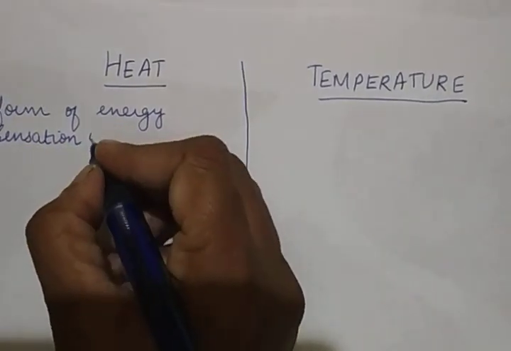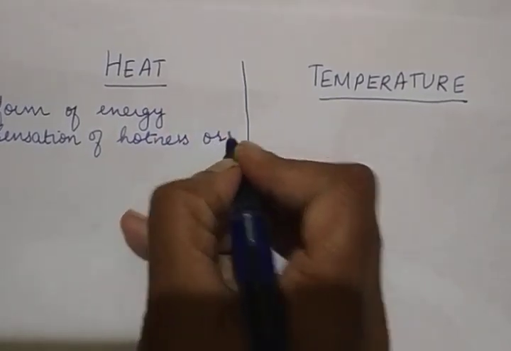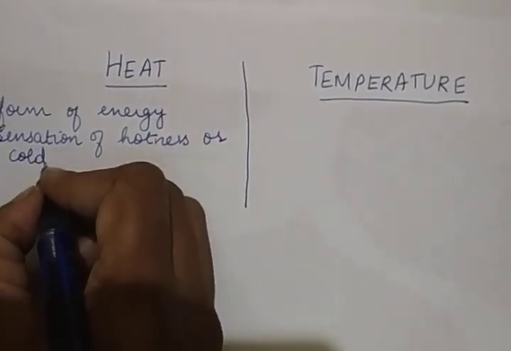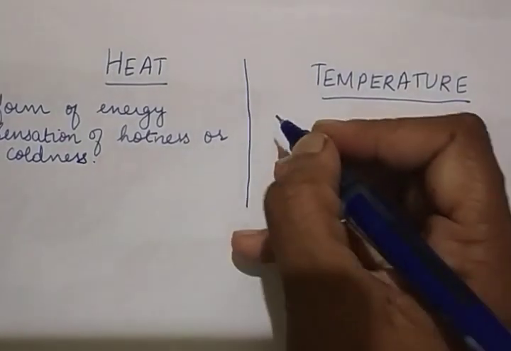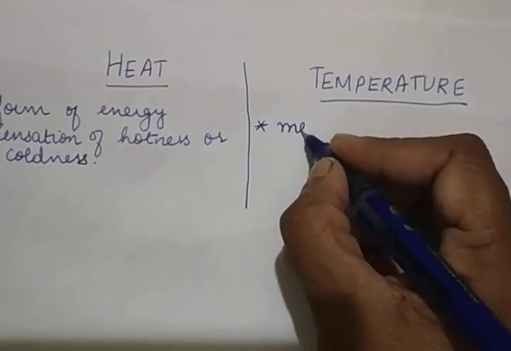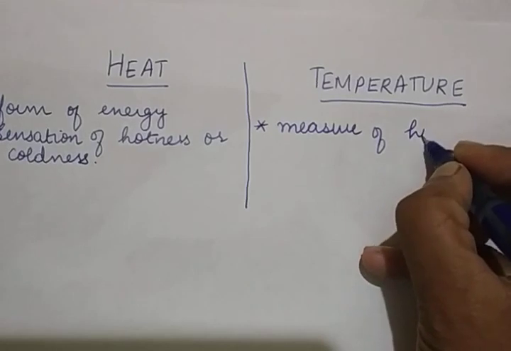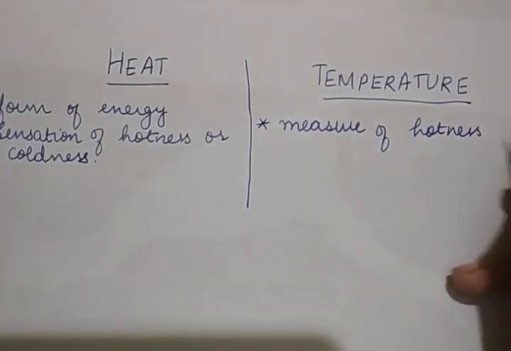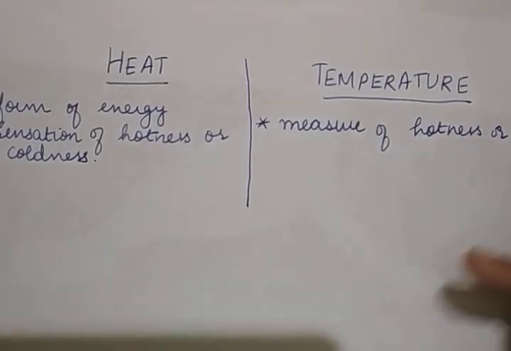So, the definition of heat energy goes like this. It is a form of energy that causes sensation of hotness or coldness. Whereas, when we say temperature, it's the measure of hotness or coldness. It tells you exactly how hot or how cold the body is.